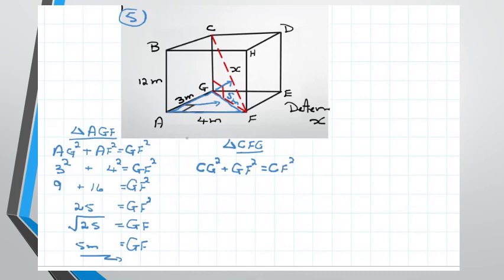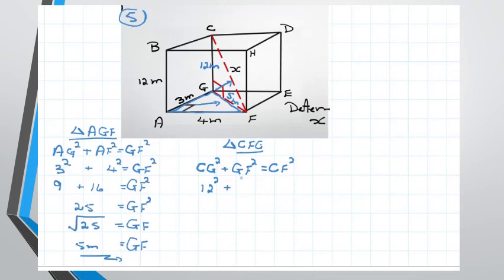Substitute. Now guys, because this is a cube, I know that all sides are going to be the same. That means if that's a 12, it means that that fellow down there also must be a 12. Therefore I'm going to have CG also to be 12, squared by Pythagoras.